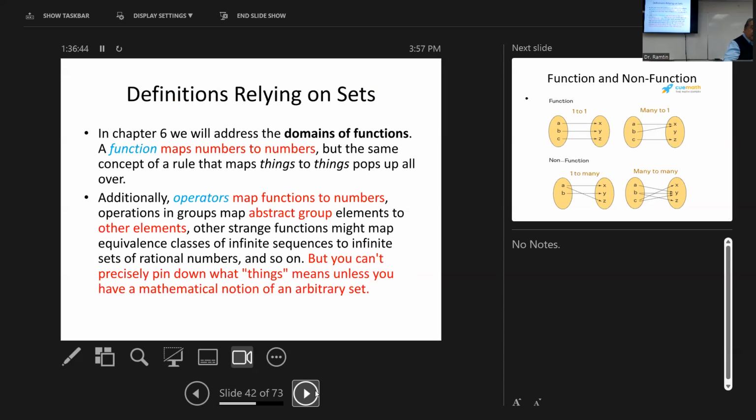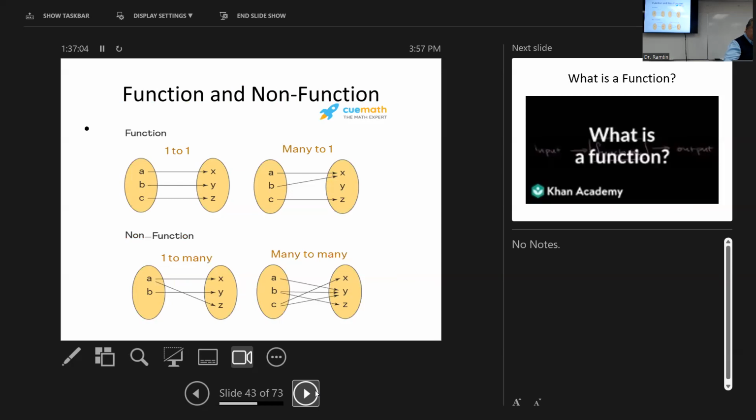And then we have strange functions that might map equivalence classes of infinite sequences to infinite sets of rational numbers, and so on. But you can't precisely pin down what these things mean unless you have mathematical notation, and that's when we need sets. Now this diagram shows very well what a function is and what a non-function is.